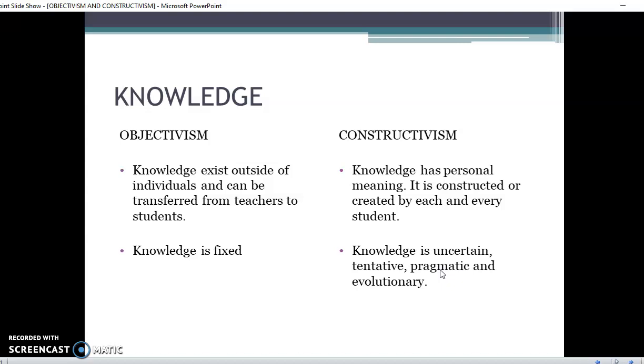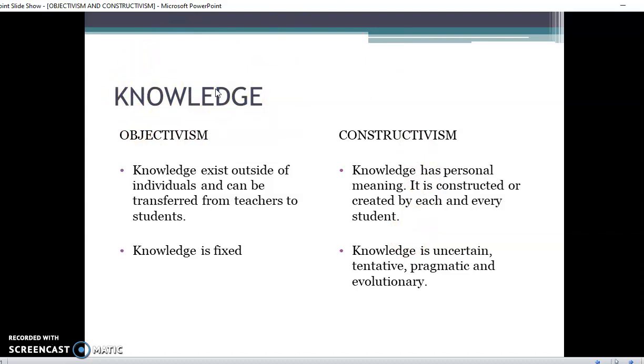Pragmatic involves doing something with activity, something which requires hands-on experience or something which can be done practically. That's what pragmatic is about. And evolutionary, because knowledge will evolve as years pass by, which objectivism doesn't believe in, because objectivism believes that knowledge is fixed. So this is the difference between objectivism and constructivism when we consider knowledge as one of the criteria.